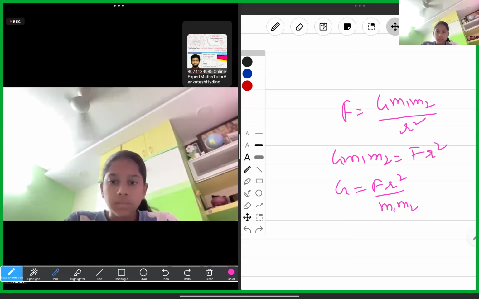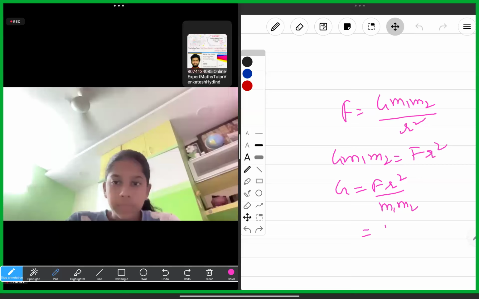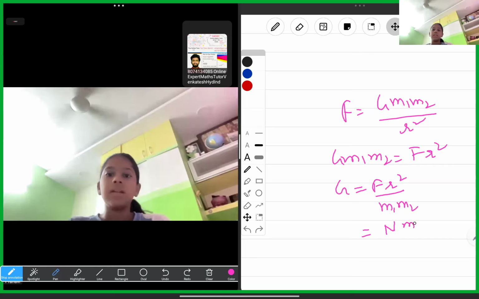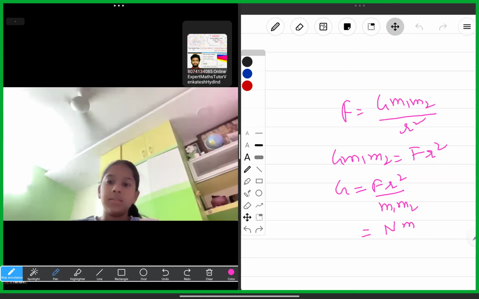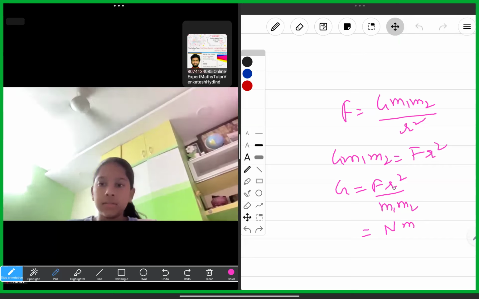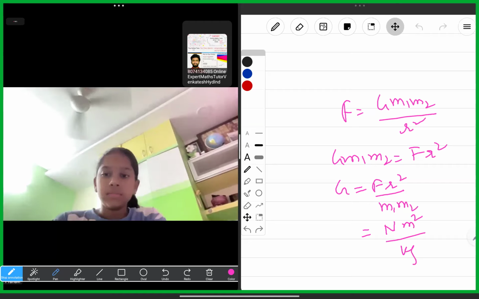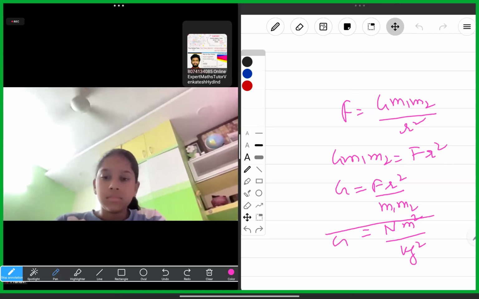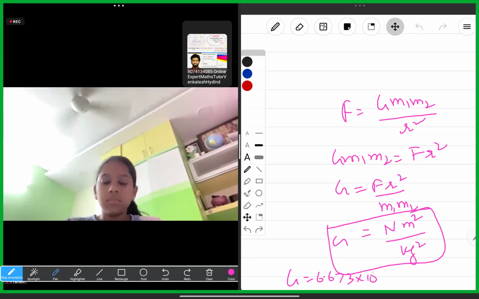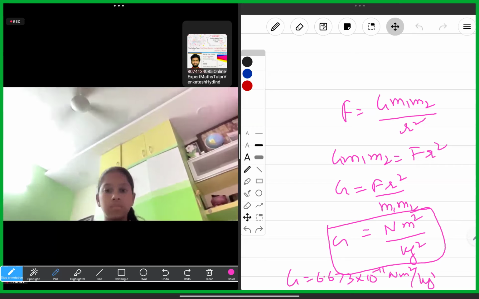Now for the unit, we know that force is Newton, distance is meter, and below it's kg into kg, so the denominator is kg square. R square is meter square, and m1 into m2 is kg into kg. That is how the unit will go: Newton meter square per kg square. And its value is given as 6.673 into 10 power minus 11 Newton meter square per kg square.